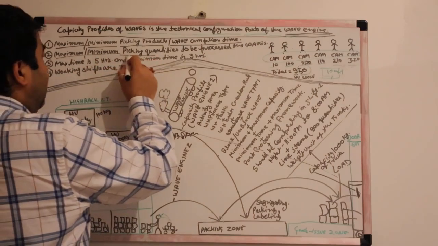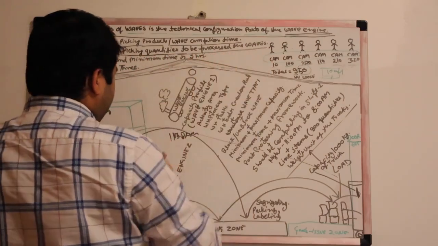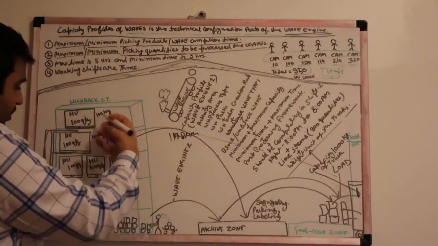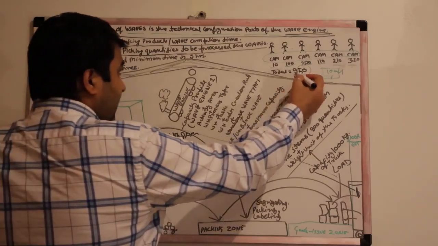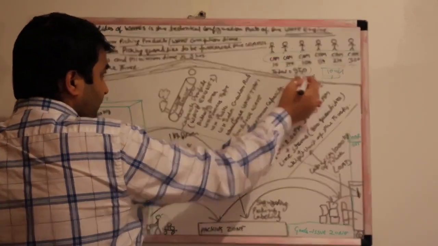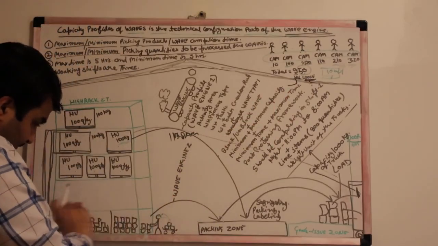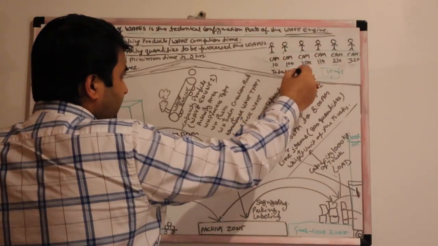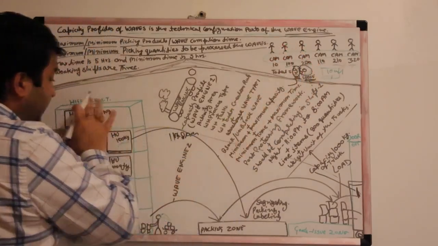Maximum and minimum picking quantity to be processed in a wave: if the warehouse workers are going to pick, we need to tell the system how many quantities we require. Here we require 950 total quantity, 900 in HUs for wave 1, and this is wave 2, two flows. For the loose quantity, we need to tell the system how much is loose: 50 quantity is loose, 900 in HUs is the main quantity.